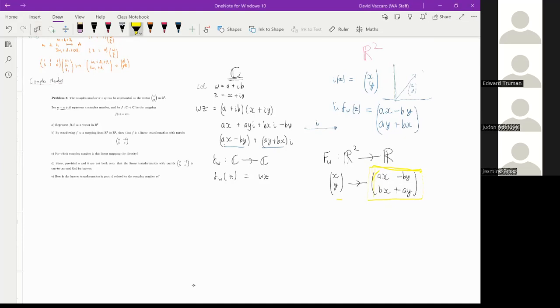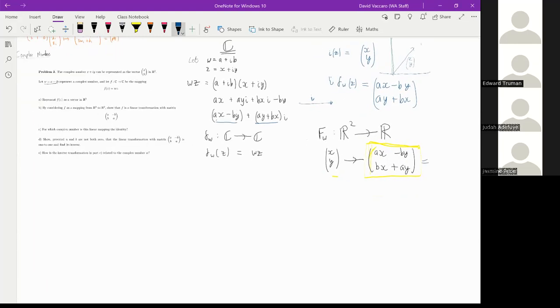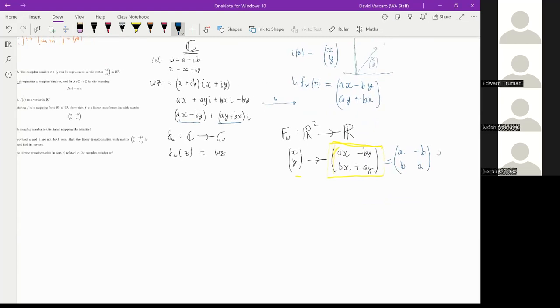Okay, so if we look at the first row, the components of x and y are a and negative b respectively. And if we look at the second row, the components of x and y are b and a respectively. So (x, y) maps to this matrix transformation.